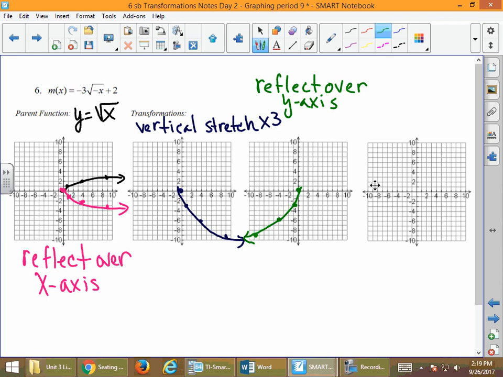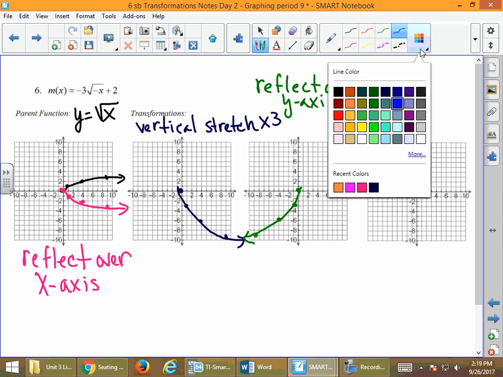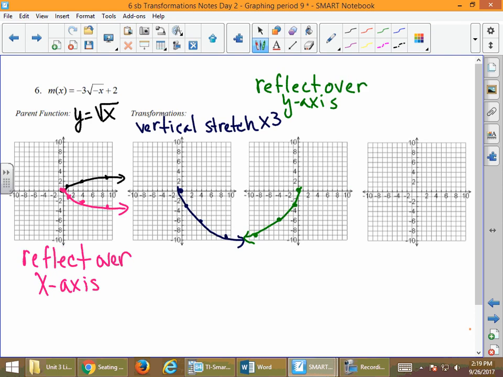And then our last transformation, we have the plus 2, which is outside of the function. We're going to take all those points from our green graph, and we're going to move them up 2. Negative 9, negative 9 is going to become negative 9, negative 7.